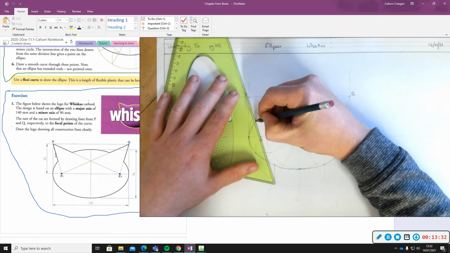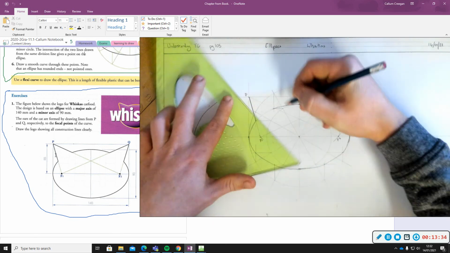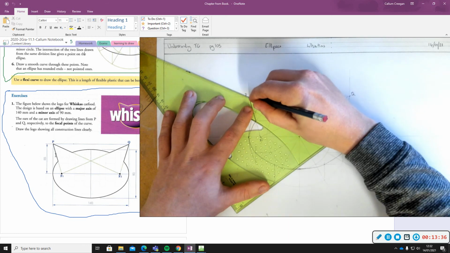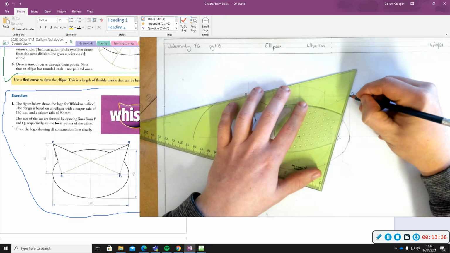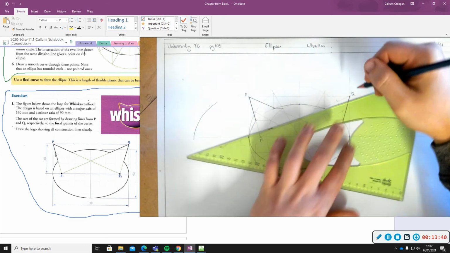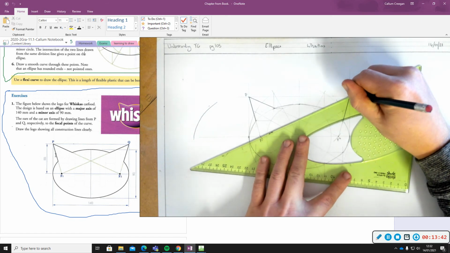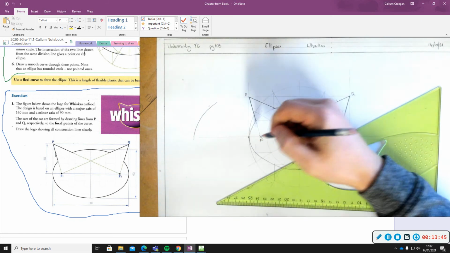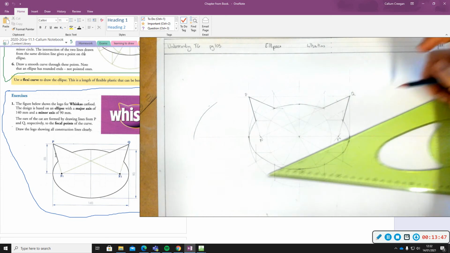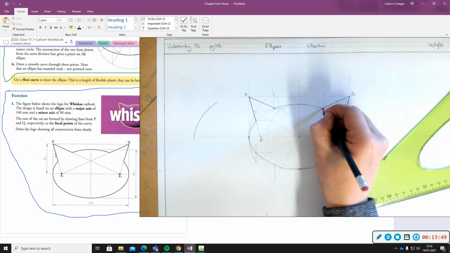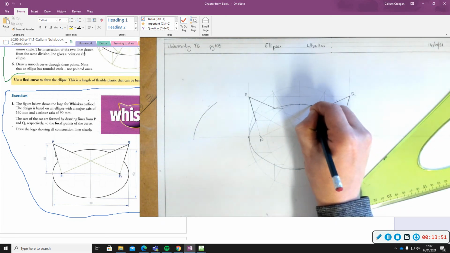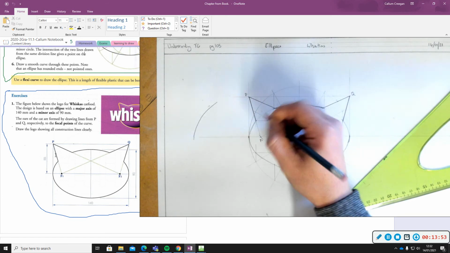So then, when I'm there, where those lines that I've drawn from my F1 to Q, where they intersect your ellipse, that is where your line goes to.